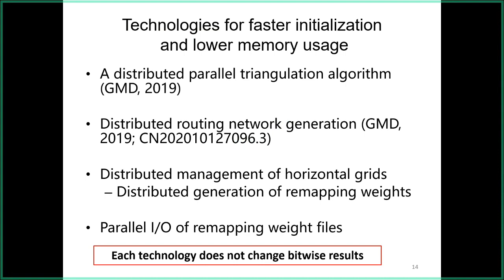And we developed a distributed management of horizontal grids, together with distributed generation of remapping weights, to lower the memory usage, especially for ultra-high resolution model coupling. And we achieved parallel I/O for remapping weight files. None of these optimization technologies changes the results, which stay bitwise identical to those of C-Coupler 2.